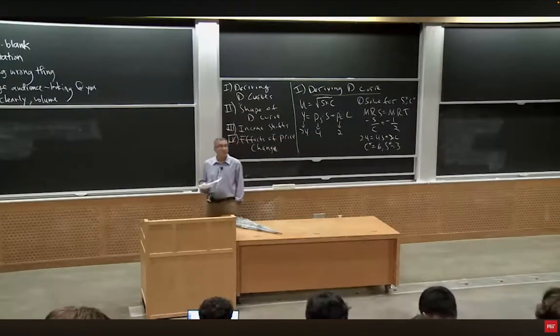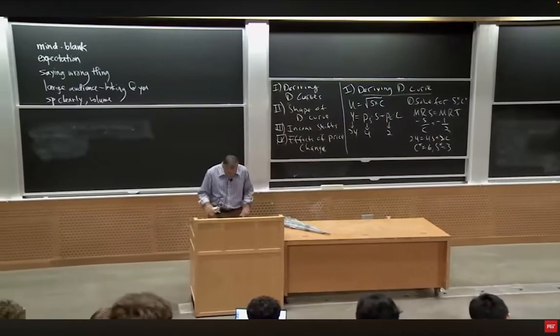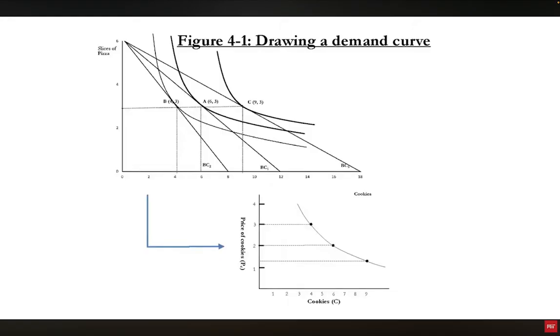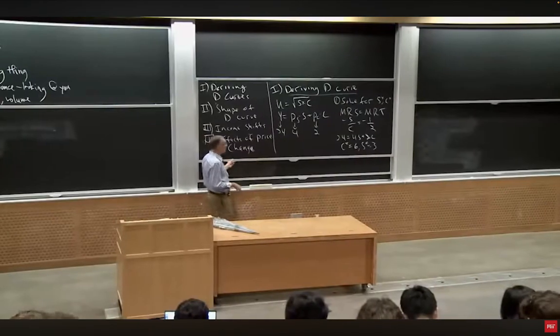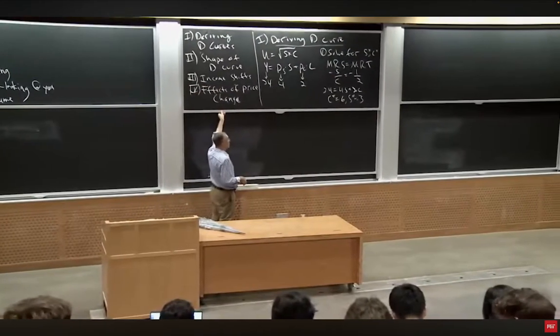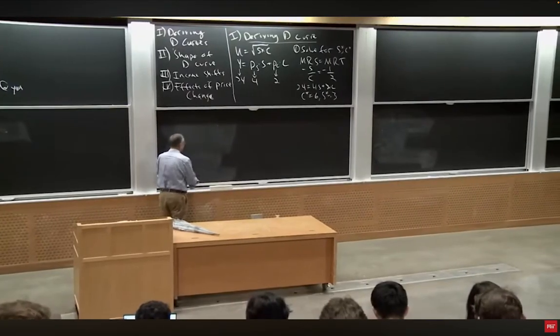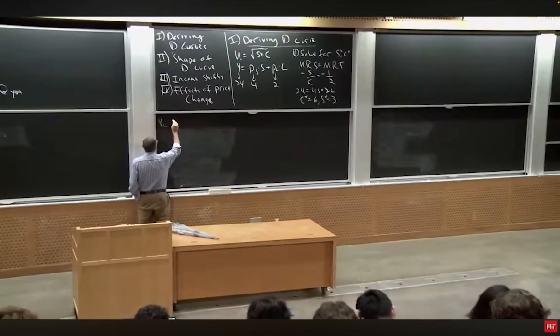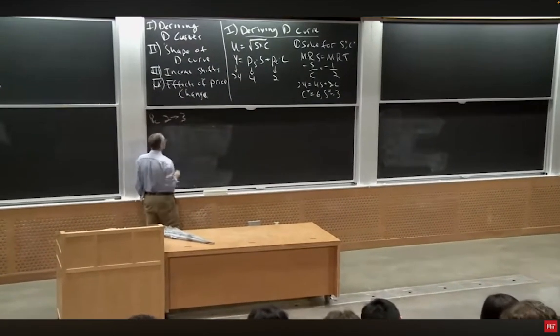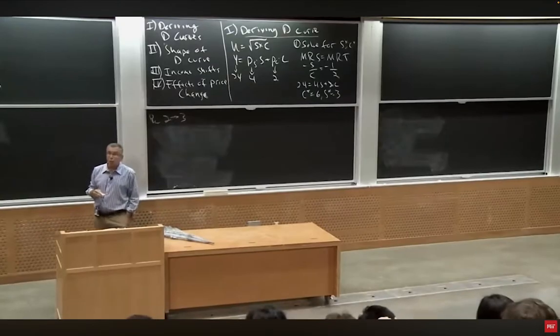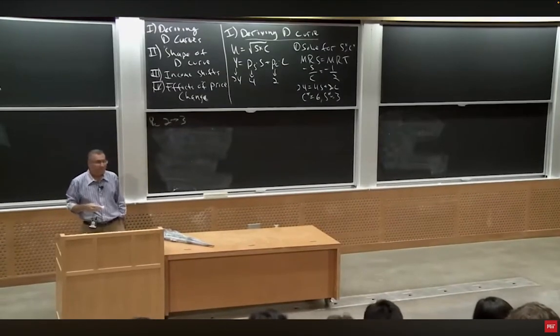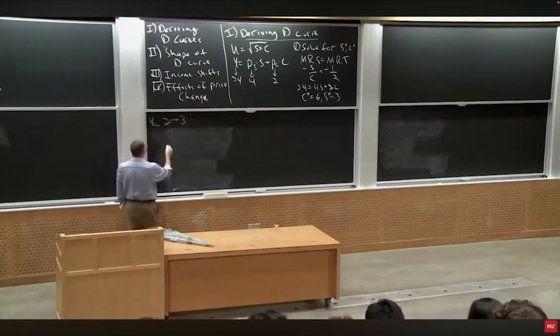Questions about that? Okay, so now let's ask, what happens if the price of cookies changes? What happens if the price of cookies rises to 3? So let's say that the price of cookies goes from 2 to 3. Well, the new slope of the budget constraint is now, instead of minus 1/2, it's minus 1/3.